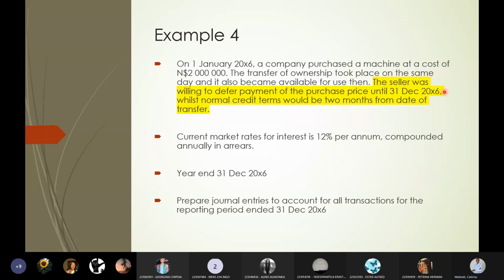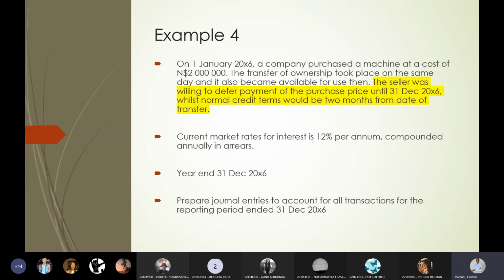So that's already a full year after the initial date of purchase. This indicates that it is a deferred payment. So there will be an interest portion that is allocated in this amount.